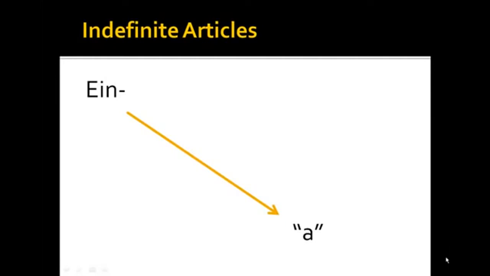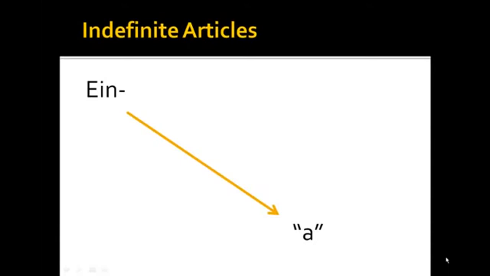I'm talking about, I guess, all trees, a tree. Therefore, it describes this noun indirectly. It's indefinite. Now, you'll also notice on the screen that ein is the root, the basic stem of the indefinite article.